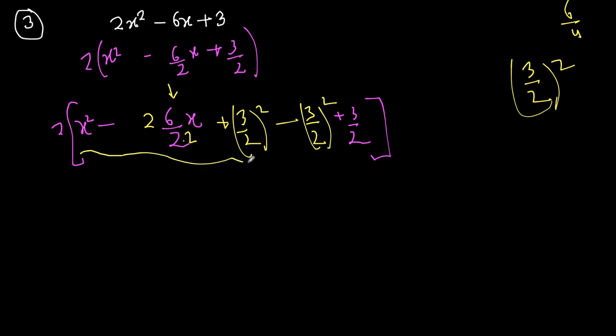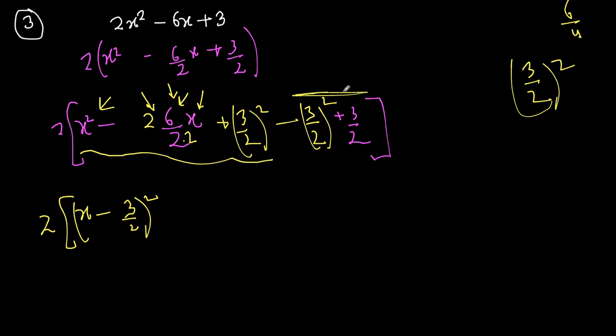But we can see that this is our complete square. So I can write 2 times x in the bracket, and this was 3 over 2, so x minus 3 over 2 whole square, because this is a square minus 2ab. So b is your 6 over 4, which is 3 over 2.